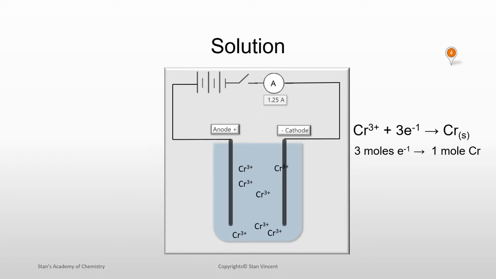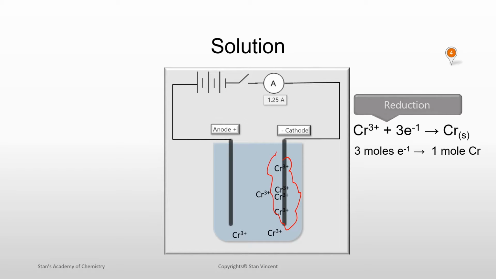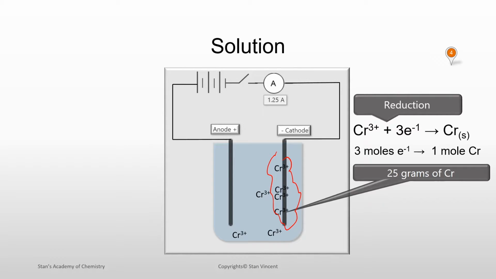The reaction taking place at the cathode is reduction, and the metal is deposited around the cathode. In this case, 25 grams of chromium will be deposited at the cathode.